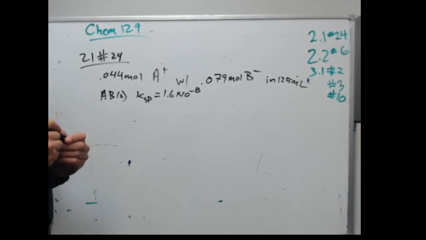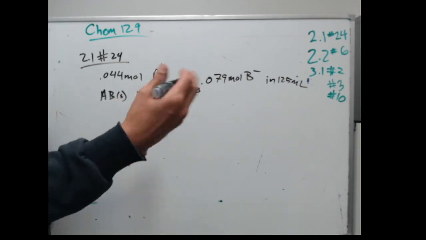So let's look at the things that give us hints inside of the problem to begin with. It says AB solid forms, and it gives us values in moles. What does that suggest to us? Precipitation? Yeah.